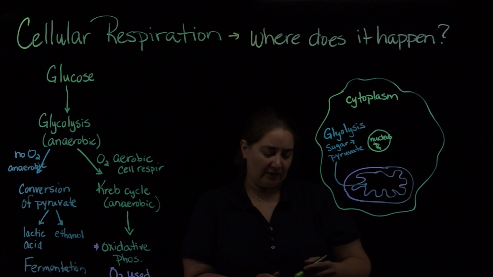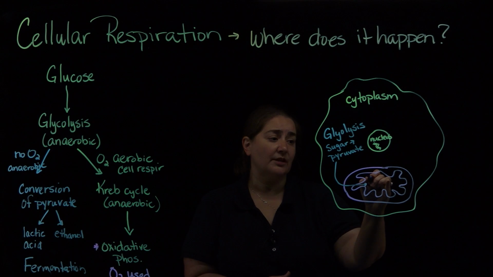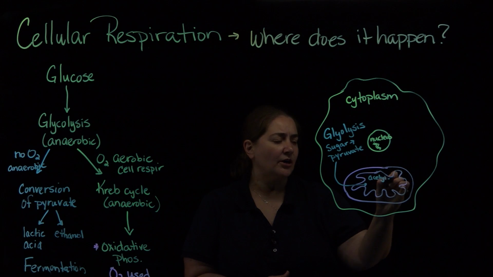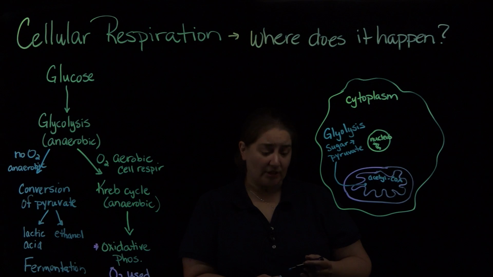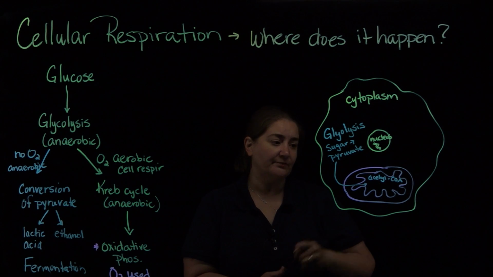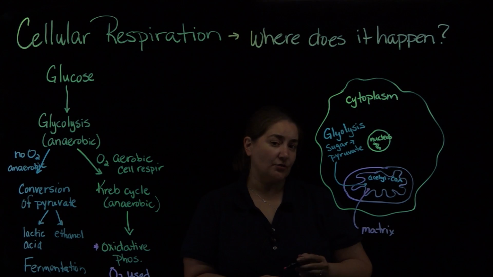Inside the matrix of the mitochondria, that pyruvate is going to generate our acetyl-CoA. Let's work on spelling that correctly, shall we? Our acetyl-CoA is going to be generated in the matrix of the mitochondria. So this inner portion here is going to be our mitochondrial matrix.